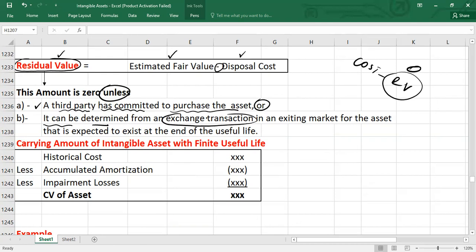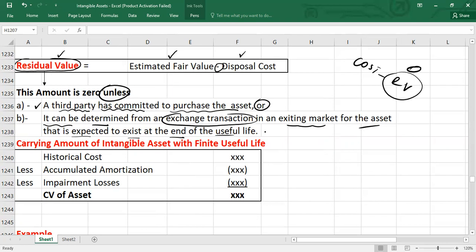Maybe you are going to exchange two assets, and you can determine the residual value in an existing market for the asset that is expected to exist at the end of useful life.